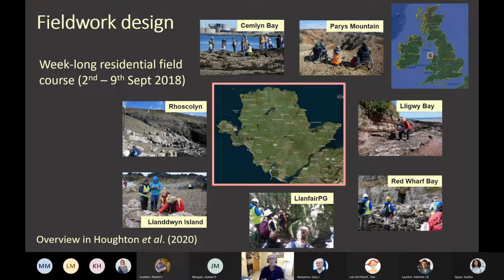The locations we visited were chosen because they offered brilliant geology, and physical access was a secondary consideration. What we were interested in was how we can make the learning inclusive for all of our students when we prioritise engaging with the best quality geology that we can offer them.